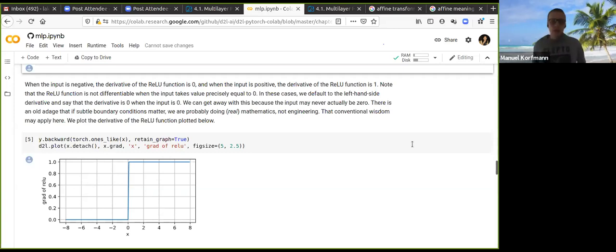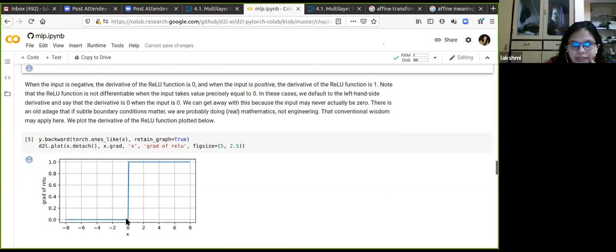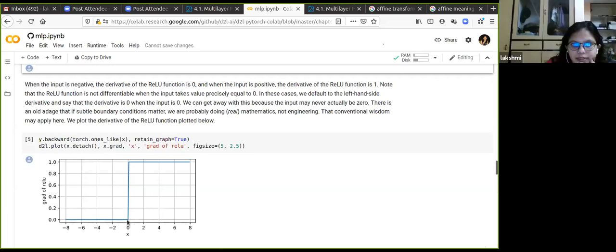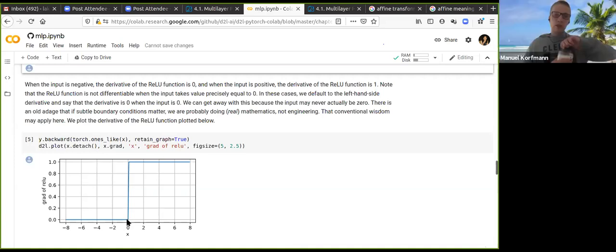Okay, so let's continue. Note, when the input is equal to 0, it has no derivative. At 0, it doesn't have a derivative, or no, because even at 0, delta y is 0, right? But they say: note that the ReLU function is not differentiable when the input takes value precisely equal to 0.